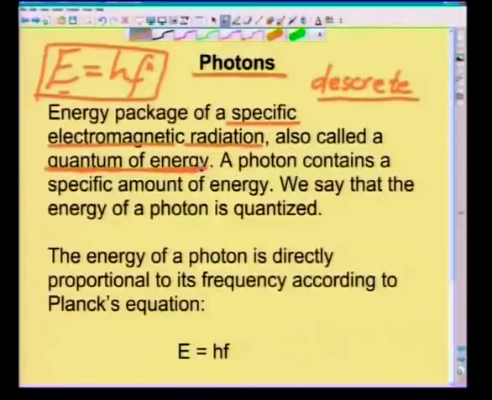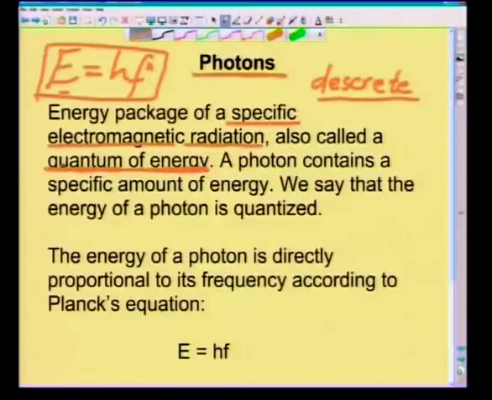It belongs to that particular type of light. And therefore, if we're looking for the energy carried by a photon of a specific color of light, that will be the energy. It cannot be more, it cannot be less. So we say that that energy is quantized. And therefore, we use terminology such as a quantum of energy.